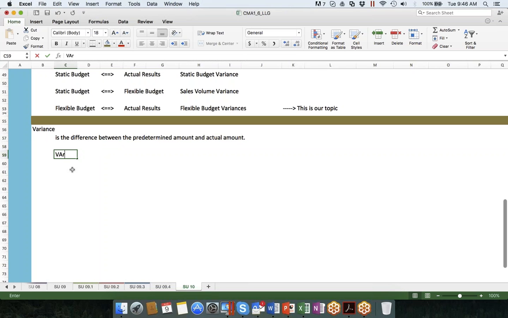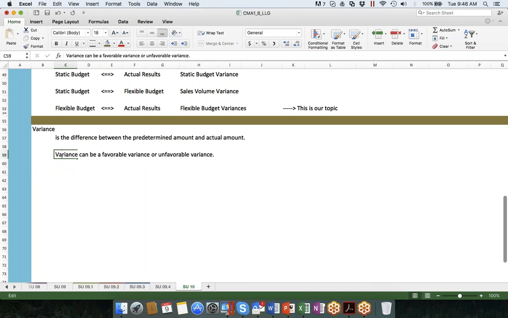So here variance can be a favorable variance or an unfavorable variance.